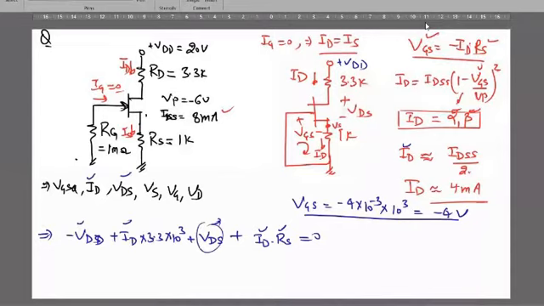Okay, next one is you have to calculate the value of Vs. So Vs is simply ID into Rs. At this point, this is Vs, this is Vg, and this is Vd. So Vs you can directly calculate. Next point is Vg.